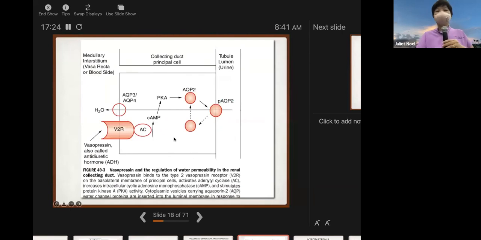This is just a schematic diagram of where the vasopressin or ADH will act. It will act here and insert the aquaporin 2 receptors, which will tend to reabsorb water back to the circulation.